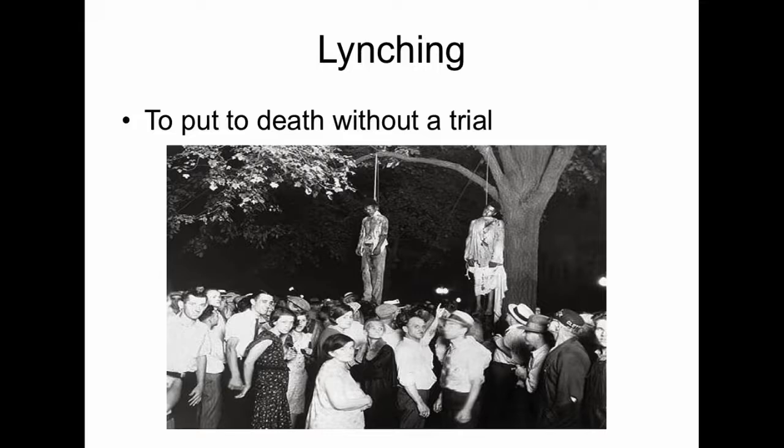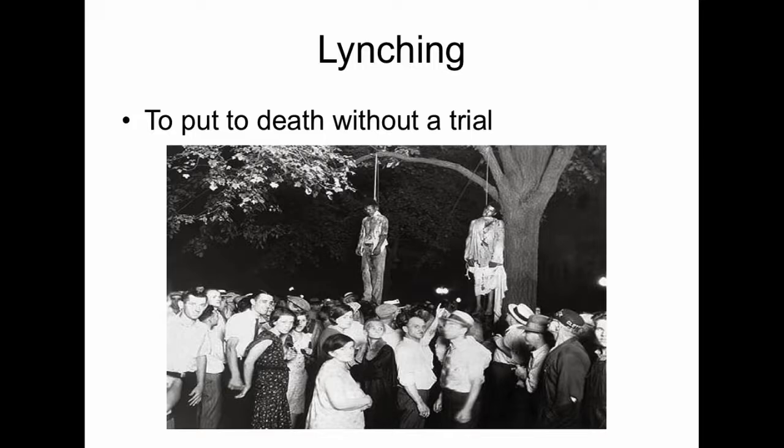What we know, according to the Equal Justice Initiative, which is a group that was put together to study lynchings in America, is that between 1870 and 1950, there were about 4,400 cases of lynching across the United States.